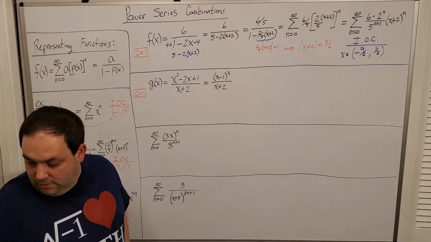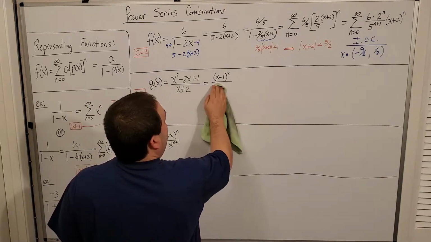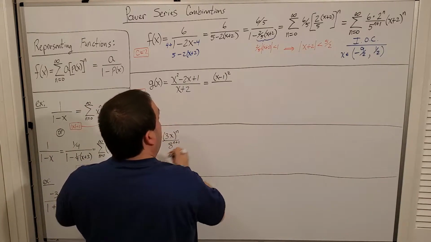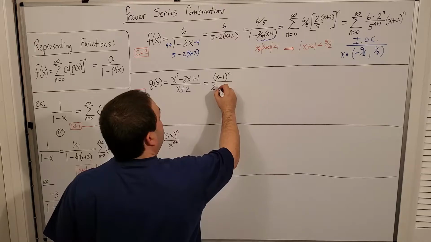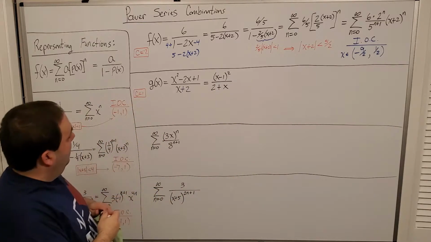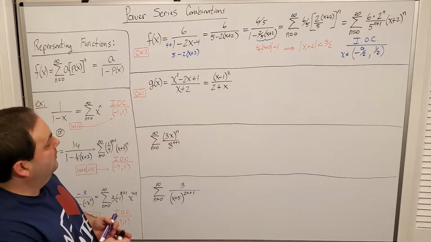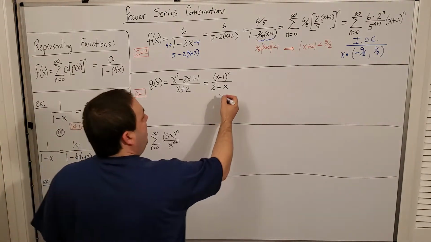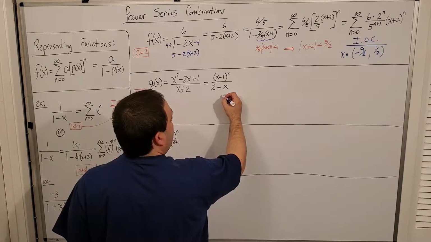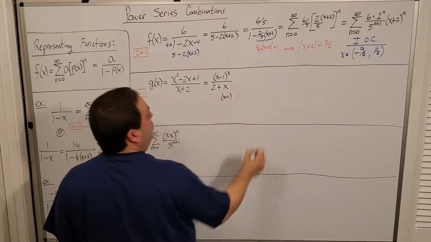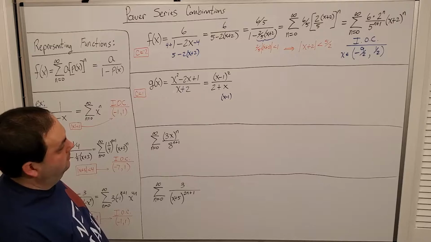In the denominator, instead of writing x plus 2, actually I'd like to write it the other way. I'm going to write it as 2 plus x. And I know that I want my center to be 1. So remember what that means is I would like this x right here to be something with an x minus 1 going on, right?